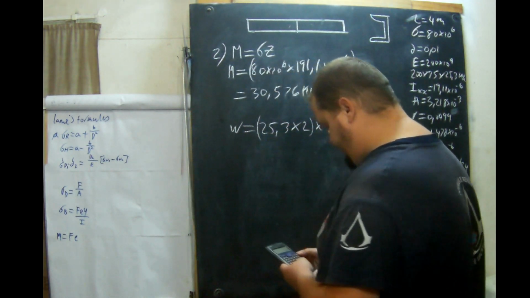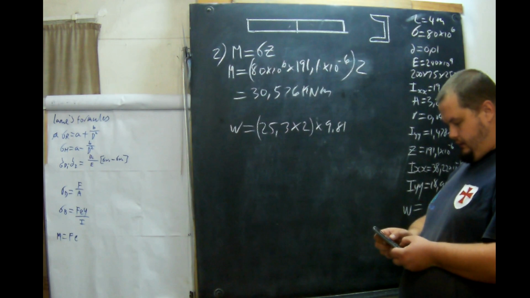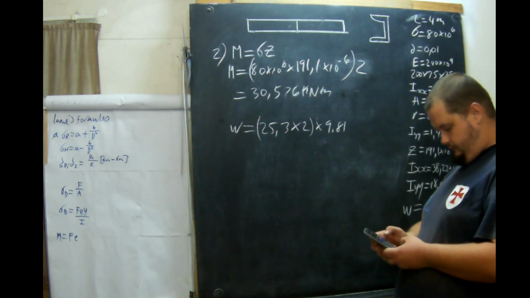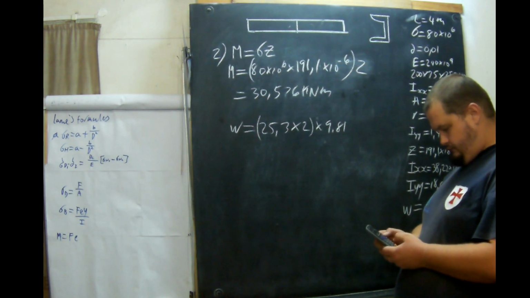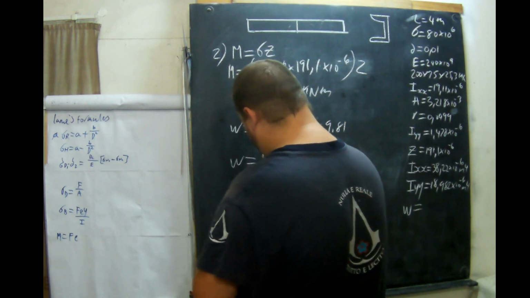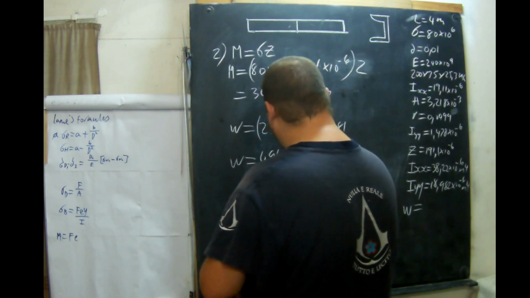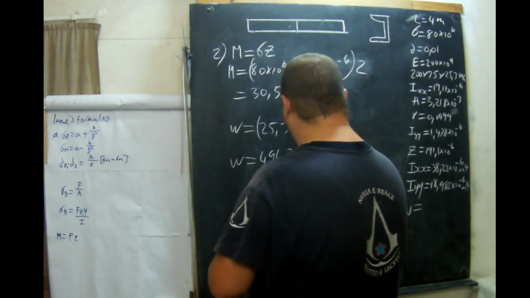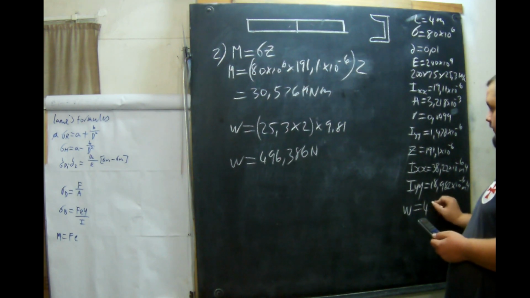So it's 25,3 in a bracket times 2 times 9,81. And that leaves us with a self-weight of 496,386 newtons. That's a solid number.